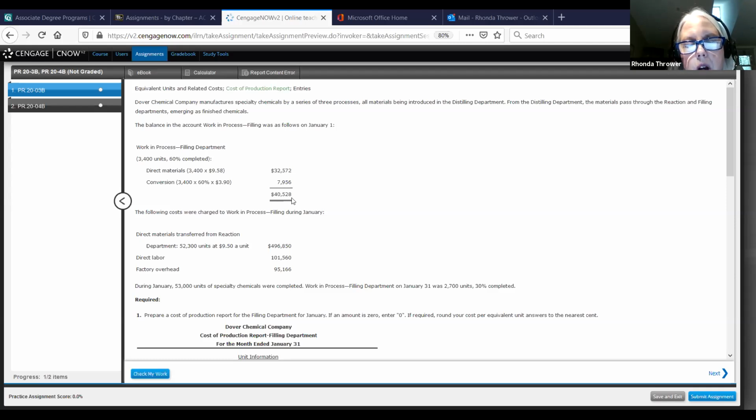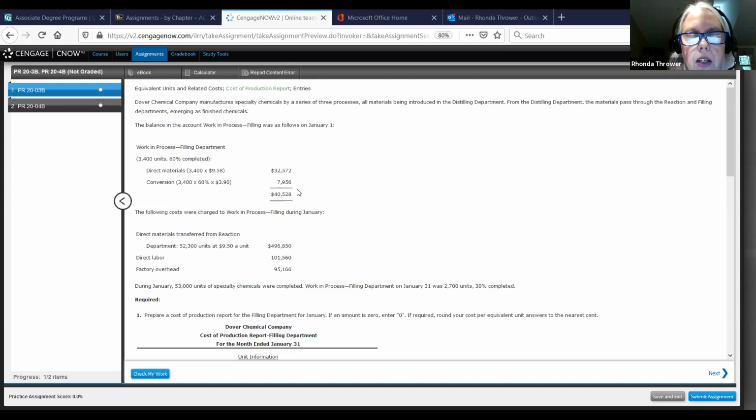Of that total cost, $32,572 was for materials, and $7,956 was for conversion cost. So materials plus conversion are the total cost of the beginning inventory.